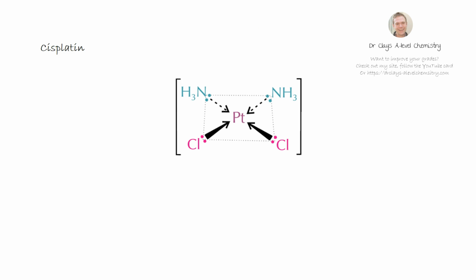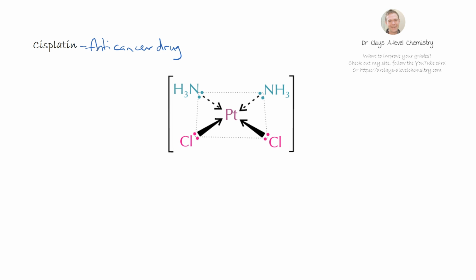Okay, so cisplatin, if you've done your transition metal chemistry so far, you'll know that cisplatin is an anti-cancer drug. And the way it works as an anti-cancer drug is it stops or interferes with the replication of DNA.